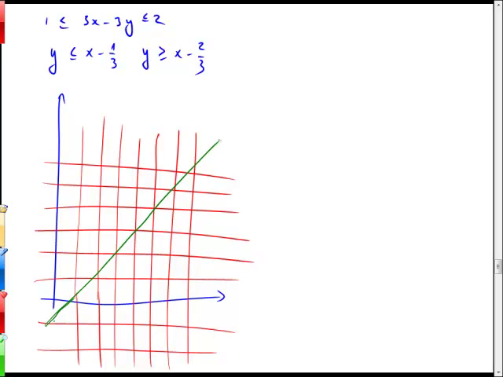And minus 2/3 is something like this. Roundabout. So the solution space is here in between. And now we can easily see that this constraint doesn't have an integer-valued solution.